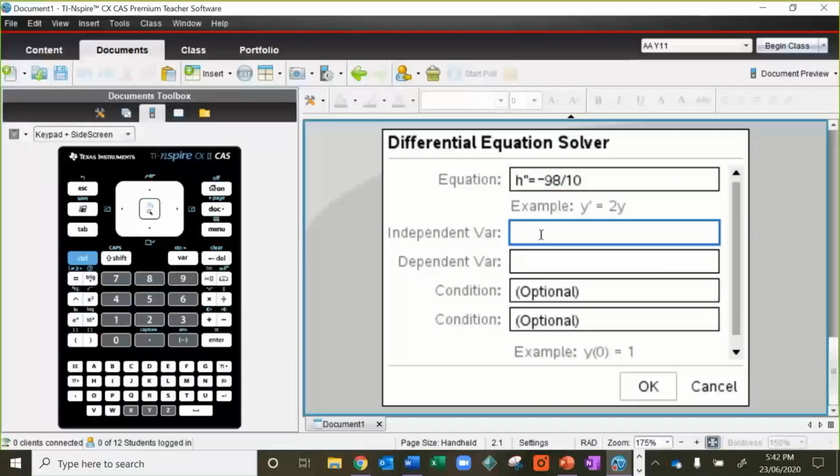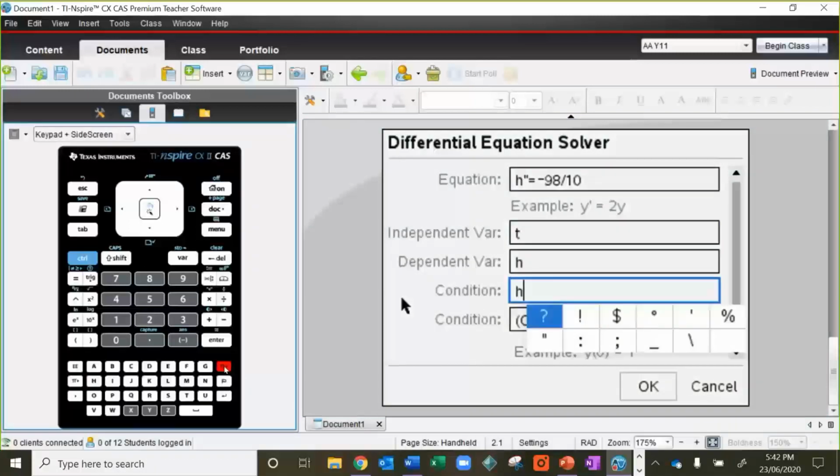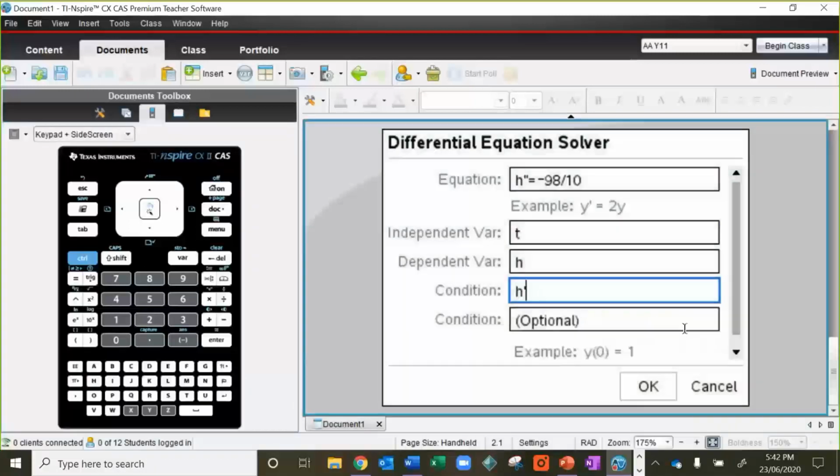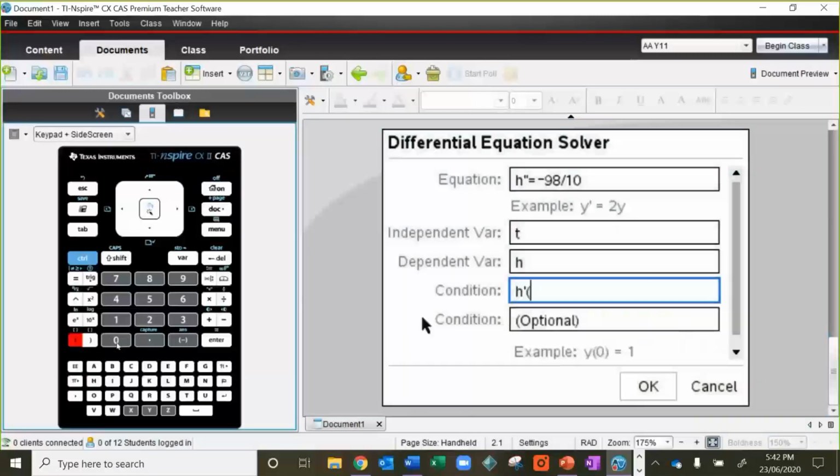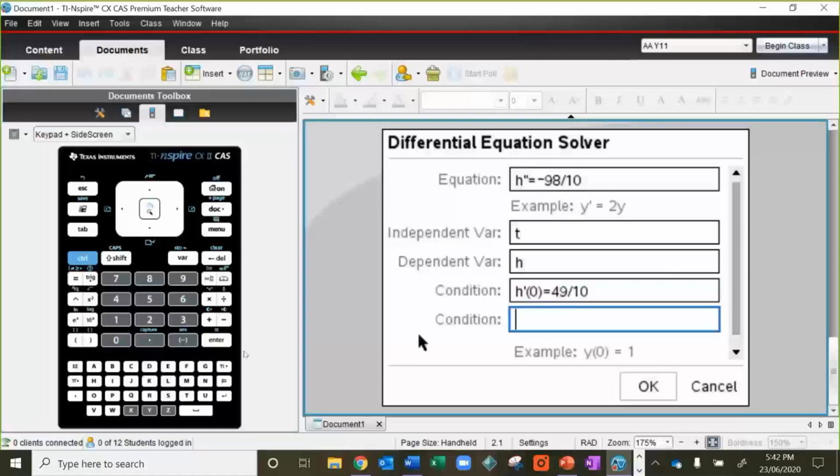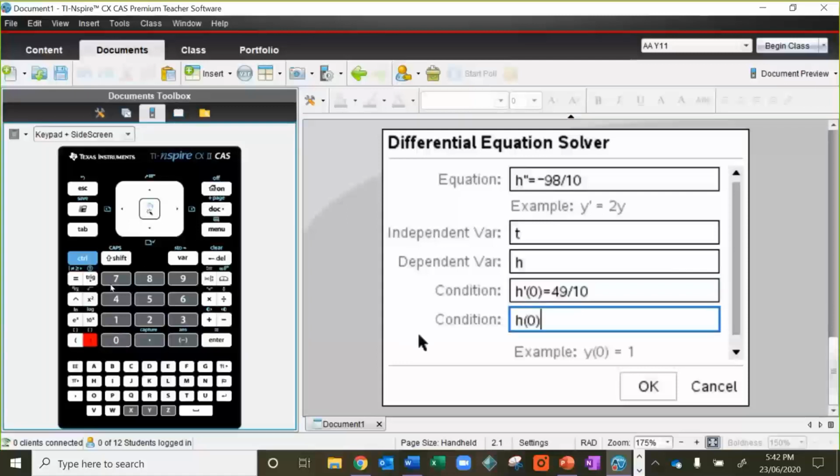The independent variable is time, the dependent variable is height, and the original velocity, h'(0), is equal to, similarly, instead of 4.9, I will say 49 over 10. And the original height, h(0), was equal to 12.